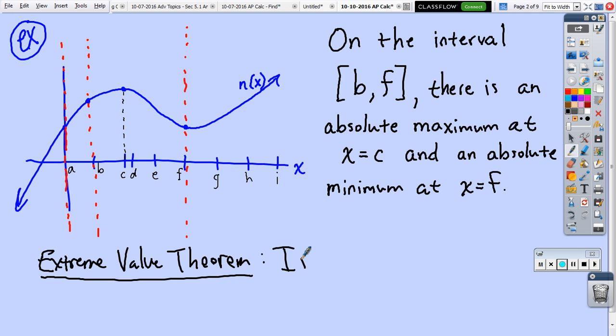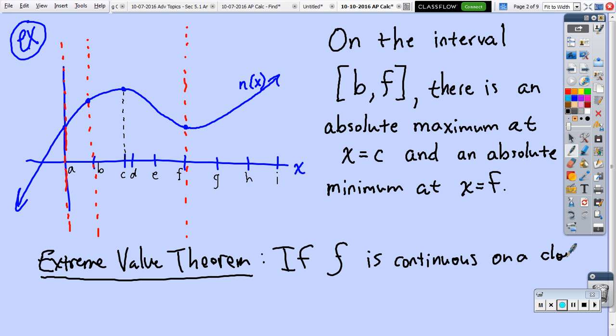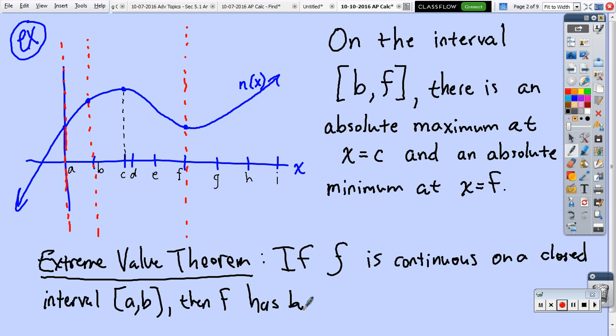And it just says, if, say, f is continuous on a closed interval, then f has both a maximum and minimum value.